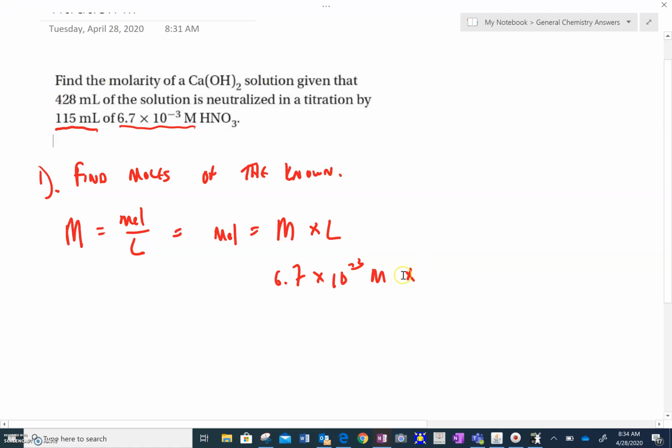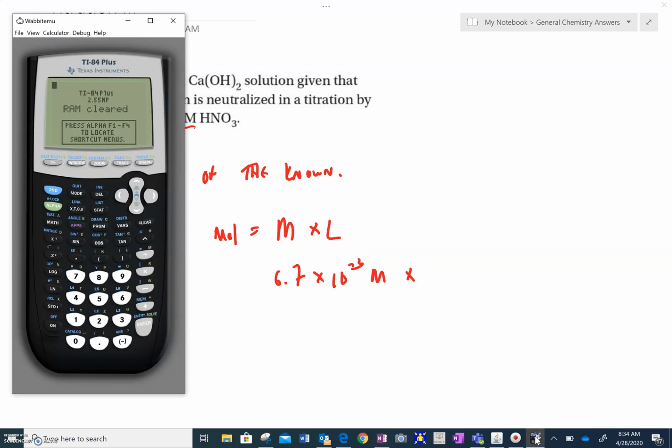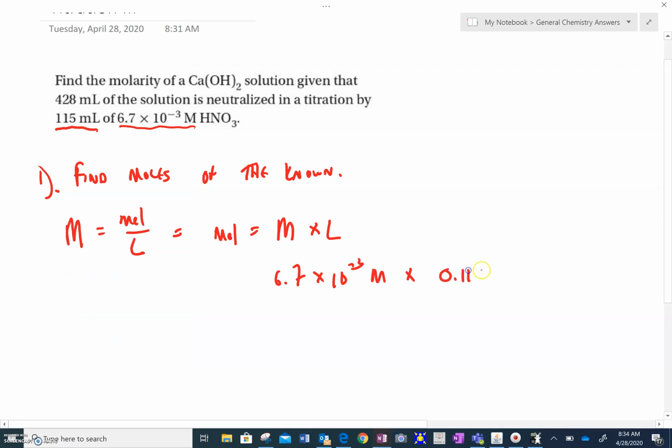You can do that a couple ways. You can move the decimal place over 3, or we can simply divide it by 1,000. So 115 divided by 1,000, and this is our volume in liters, 0.115. So how many moles do we have?